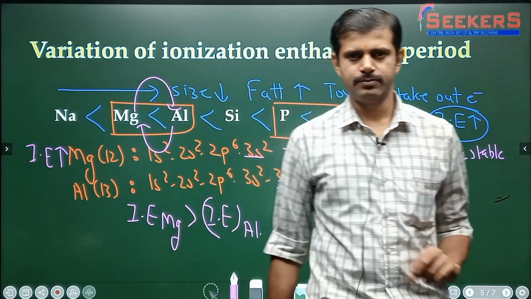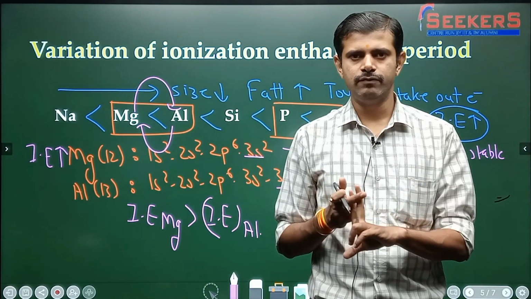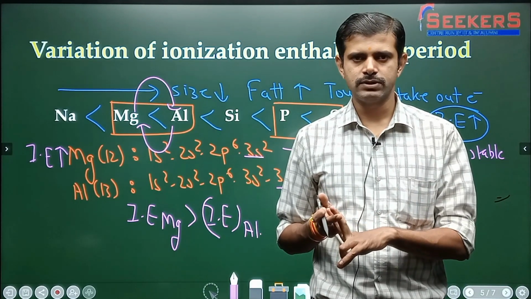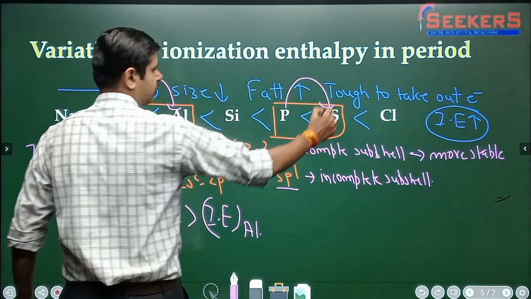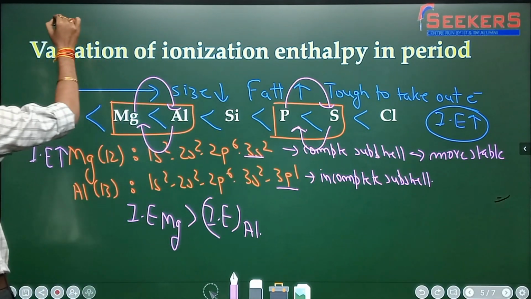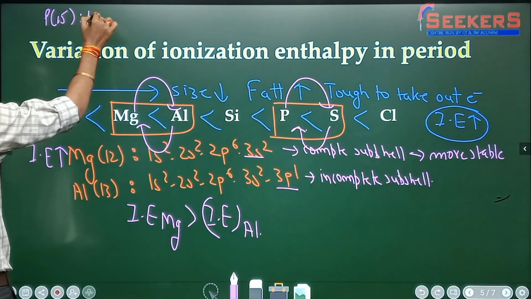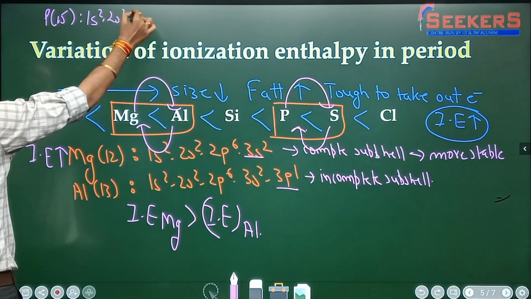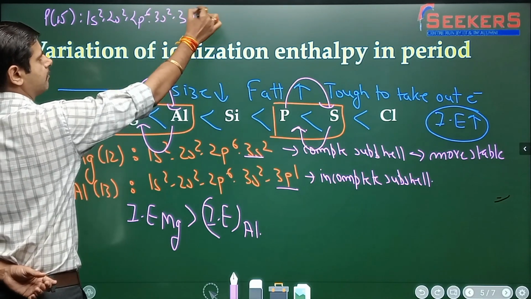This is one exception. The other exception comes in the case of phosphorus and sulfur. What happens in the case of phosphorus and sulfur? Phosphorus will come in place of sulfur, and sulfur in place of phosphorus. Why does it happen? Because phosphorus has atomic number 15: 1s2, 2s2, 2p6, 3s2, 3p3.